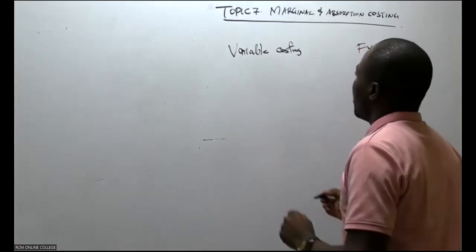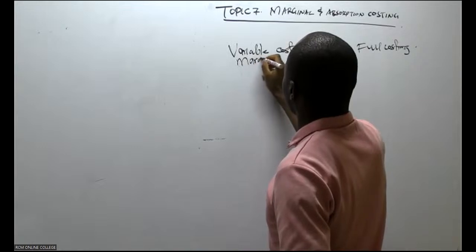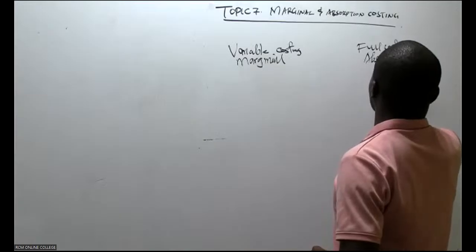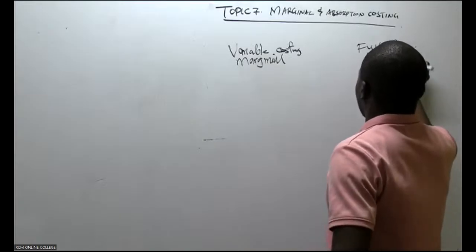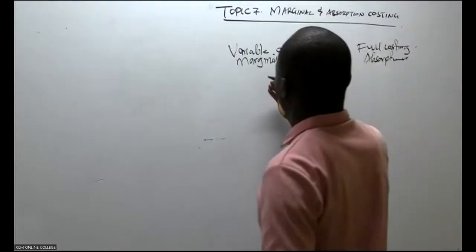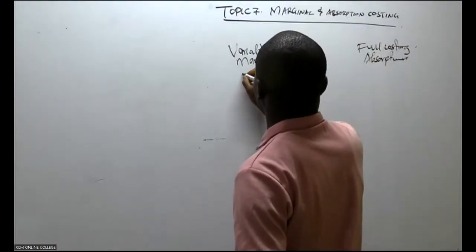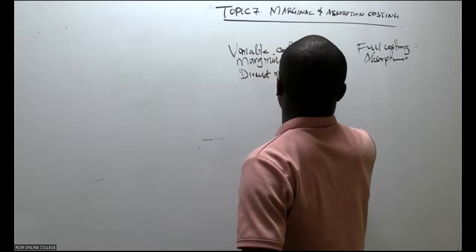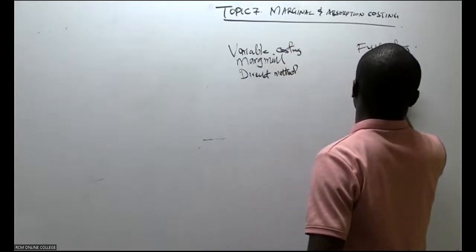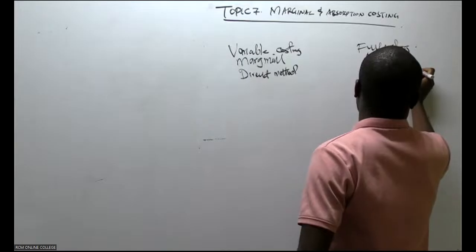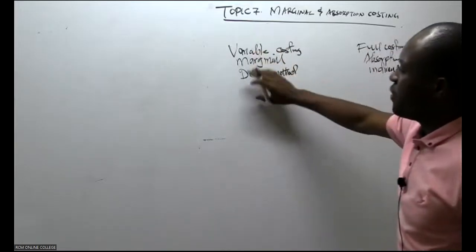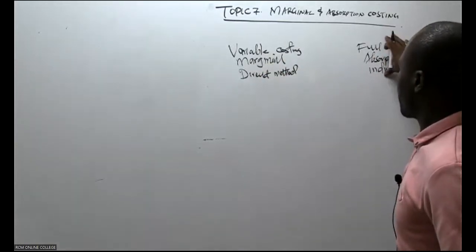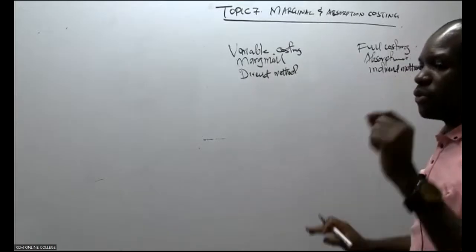When we arrive in class, we are talking about marginal and absorption. When you do your cut or mock, you'll find that I indicate direct, then indirect. So the examiner can use any of these three to refer to marginal costing, and any of these three to refer to absorption costing.